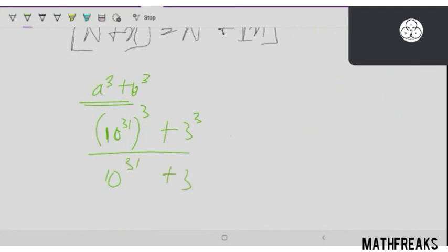We have added a plus 3 cube. This needs to be subtracted right away so that equilibrium is maintained: 3 cube over 10 to the power 31 plus 3. Here we have added, here we have subtracted.